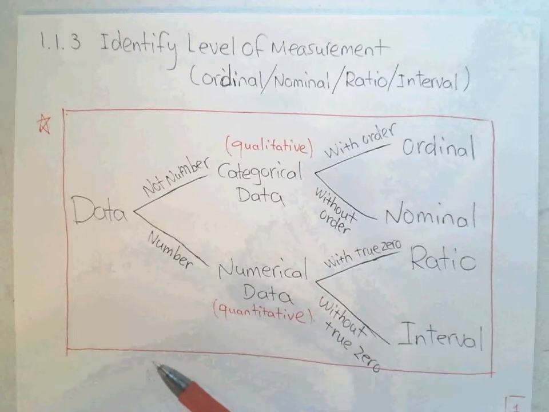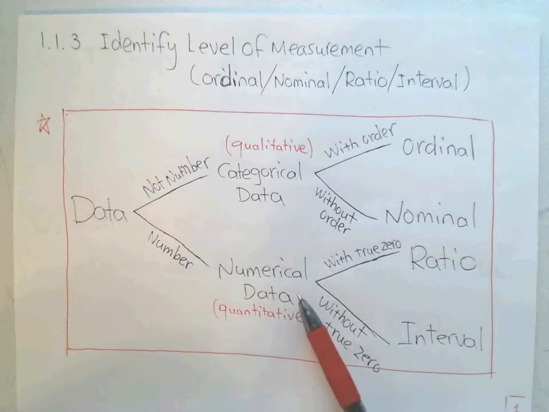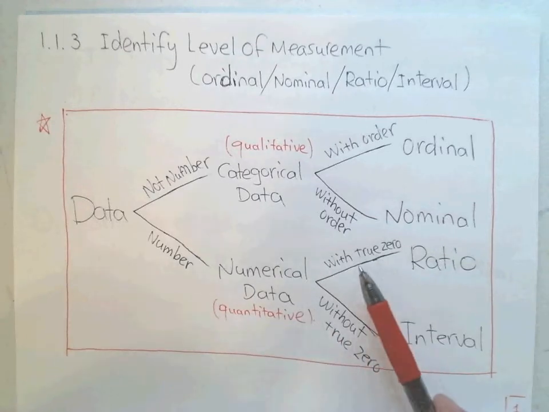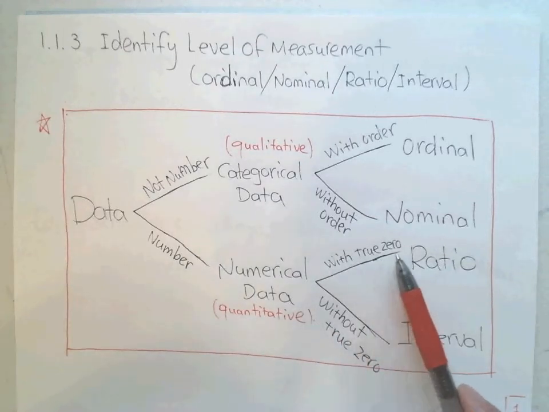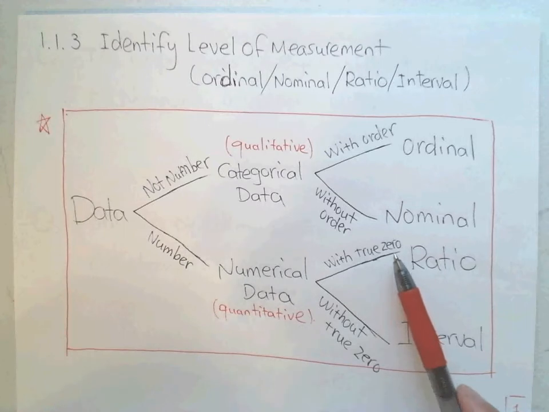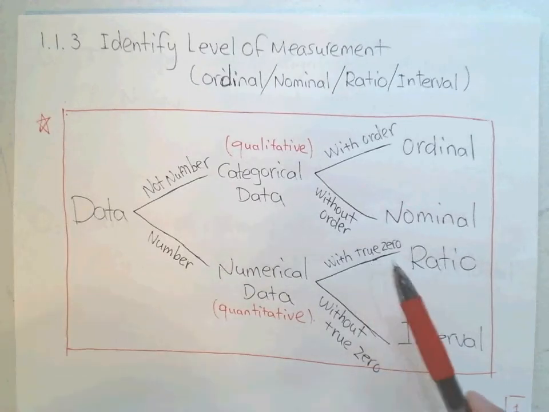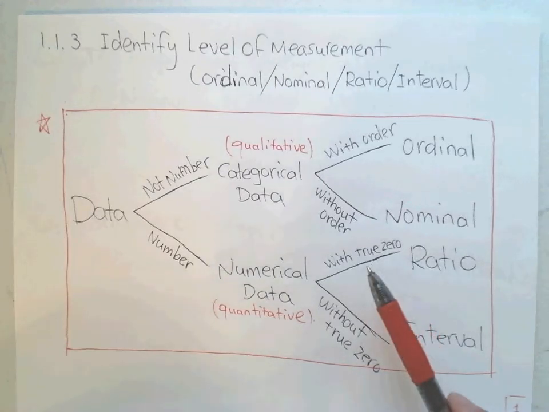For numerical data, we also have two types. The first is when we can find a true zero, meaning zero really means nothing. For example, the weight or the height of a tree.